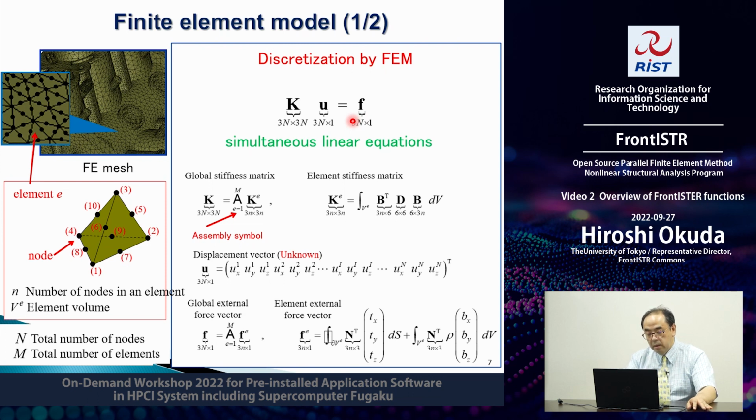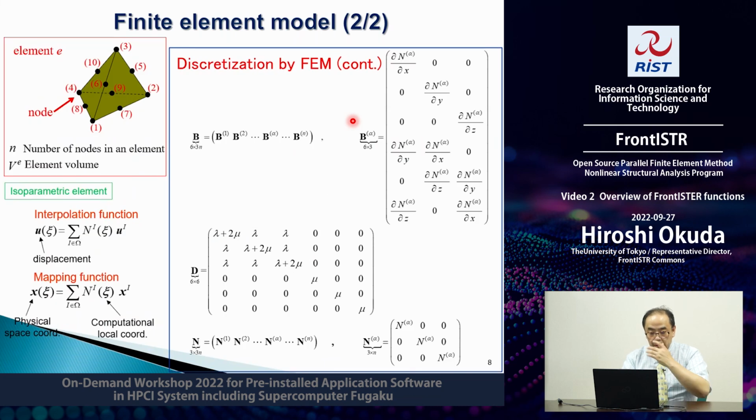And that is one main reason we need to use parallel computers. Okay, and this slide shows a little bit more detailed information about the discretization, so I'd like to skip this slide.